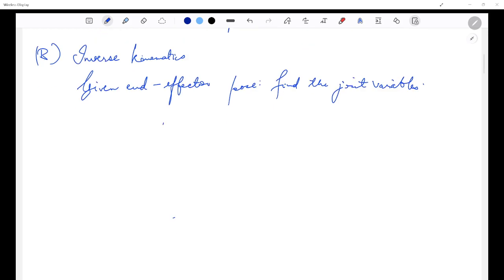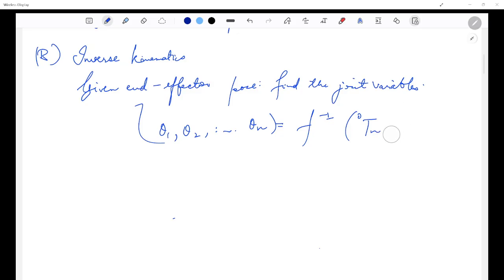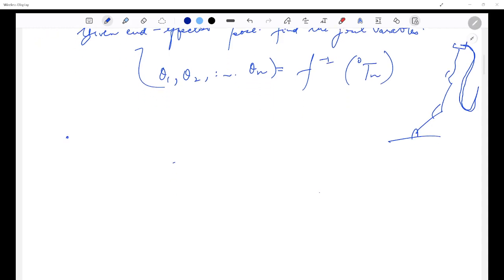Basically I want to find out theta 1, theta 2 up to theta n for any given transformation matrix. That means I have been given that this is my end effector position, and let's say my end effector wants to track a position which is somewhat like this. If this is the path I'm supposed to track, what should the joint variables be? If I want to find the inverse, it is called inverse kinematics, and it is a bit difficult to solve.